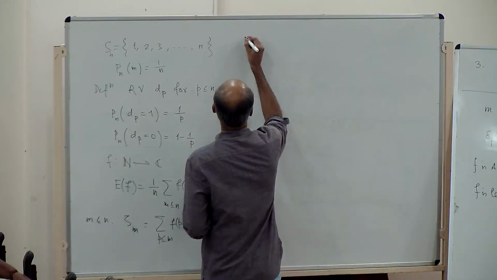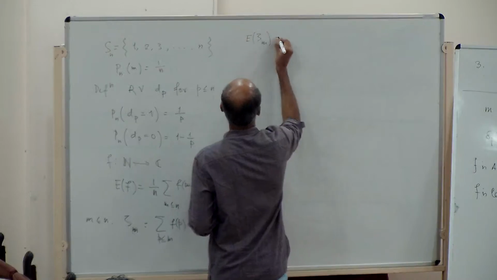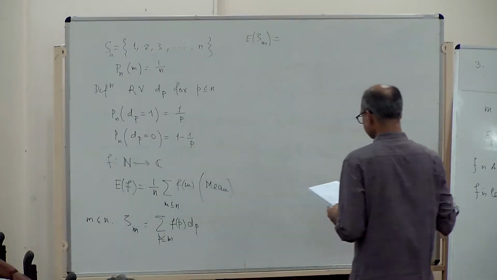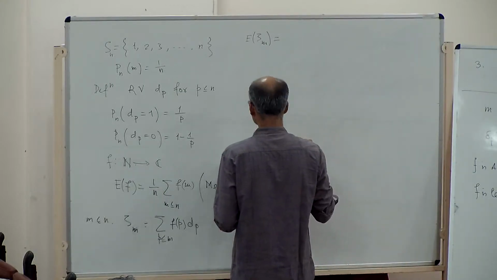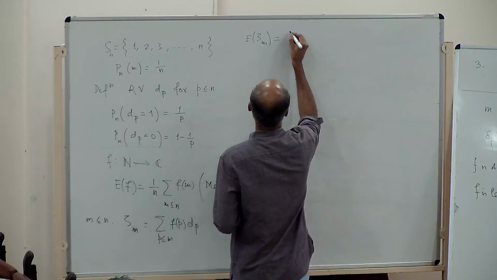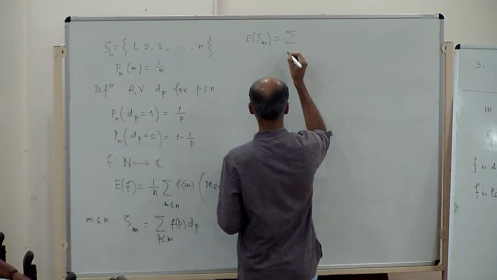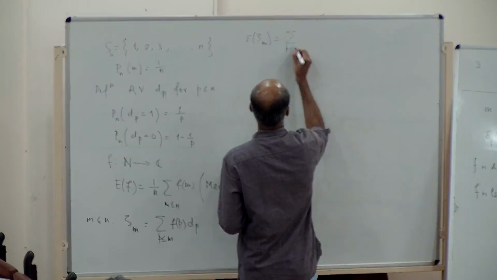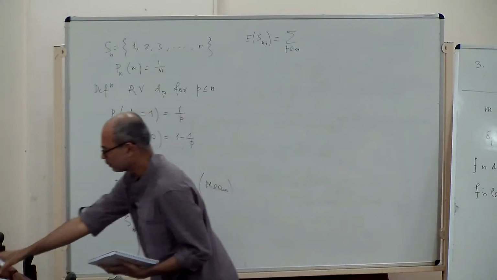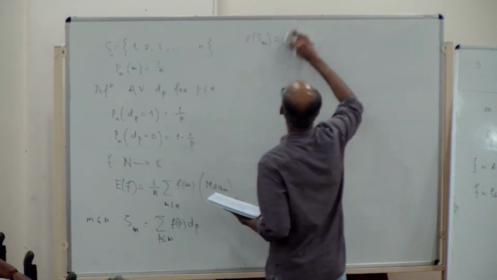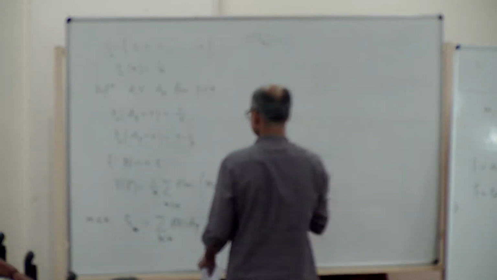So, what is the expectation of this? If you just calculate the expectation, then it is going to be the sum over p less than or equal to m, because expectation is linear.